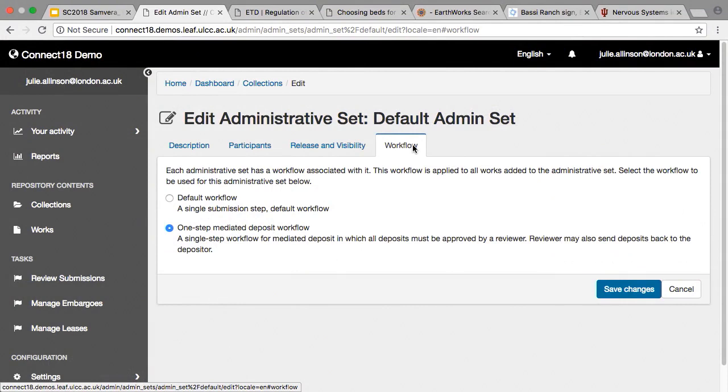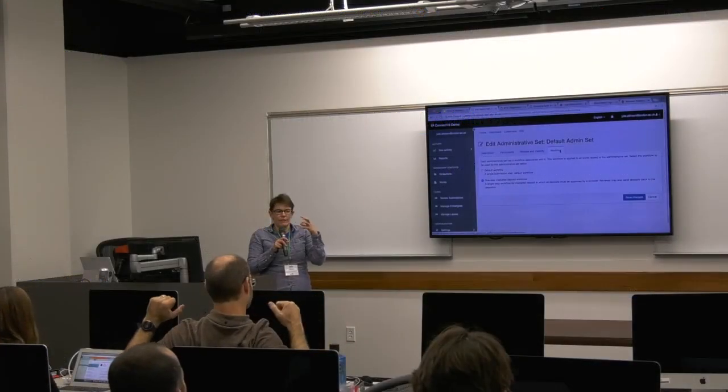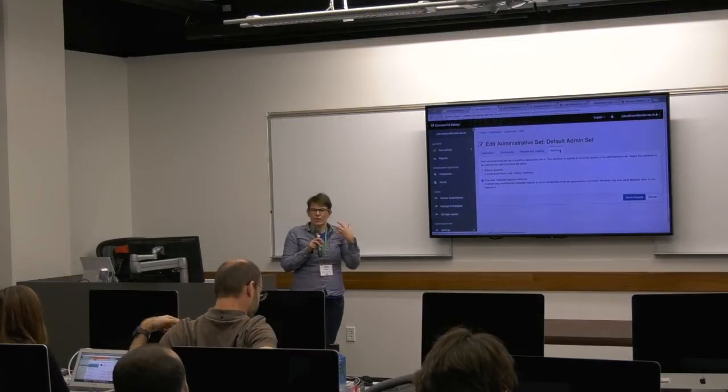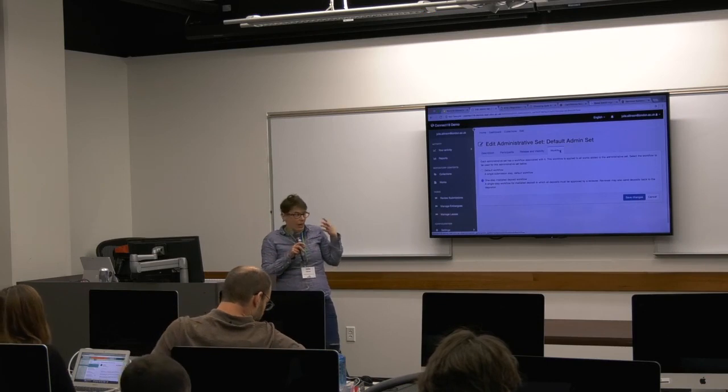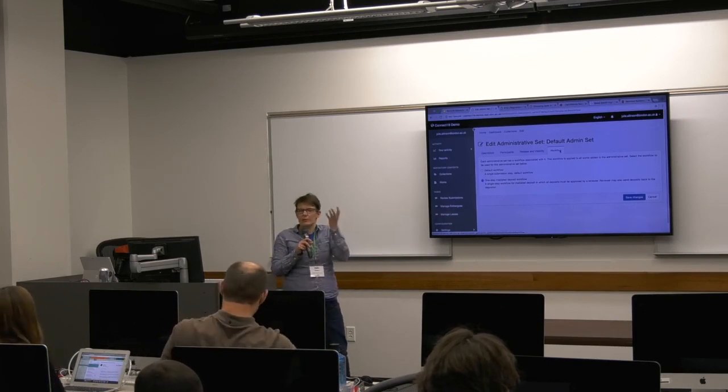Out of the box, Hyrax comes with two workflows. The default workflow is just: you submit something and it goes live straight in the repository. That's the simplest case, and it works well for institutions who only have library staff or trained submitters using the system.